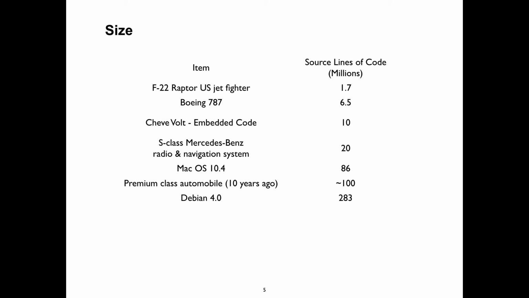Debian 5 has like 350 million lines of source code. And Tesla has a version of Linux running in it. So Tesla cars have that plus a lot more.